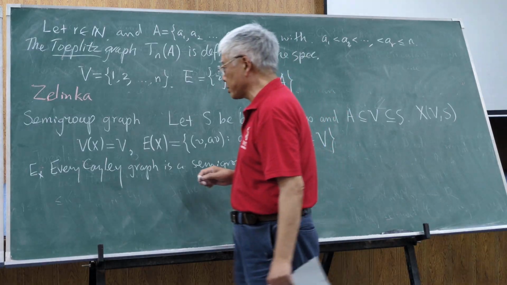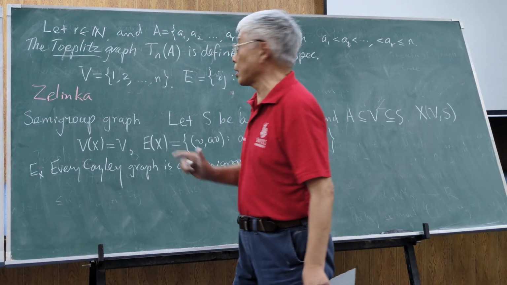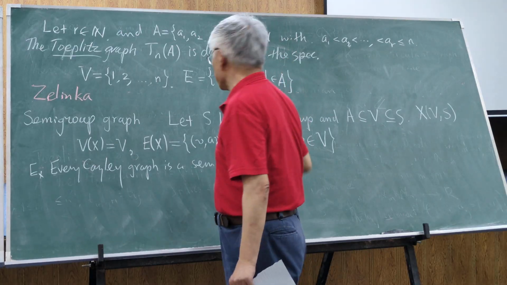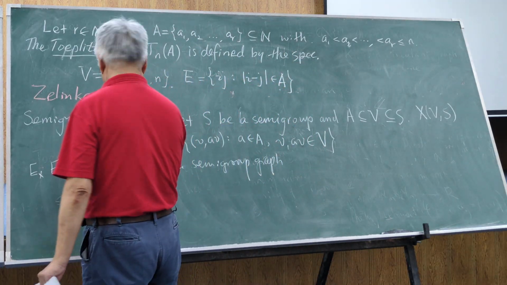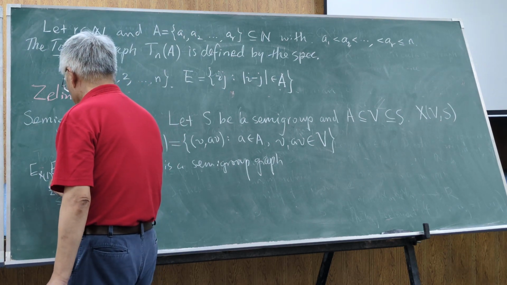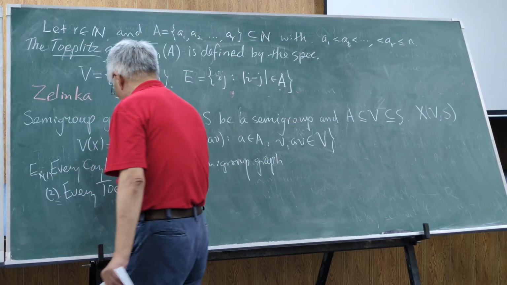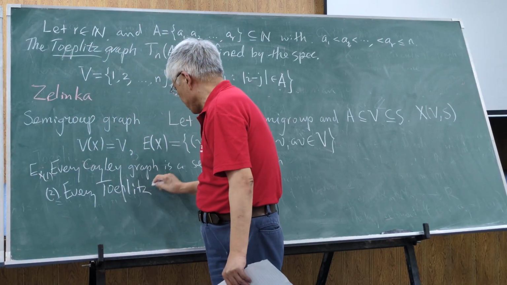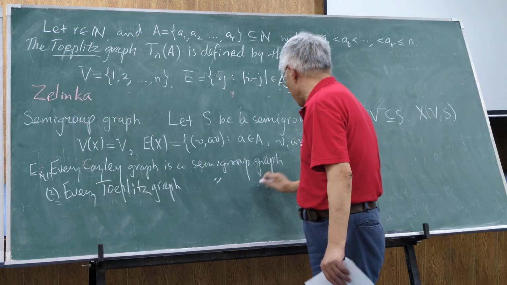Every triplet graph is a semi-group graph, where the semi-group is taken to be the natural numbers. Look, a triplet graph is a semi-group graph.